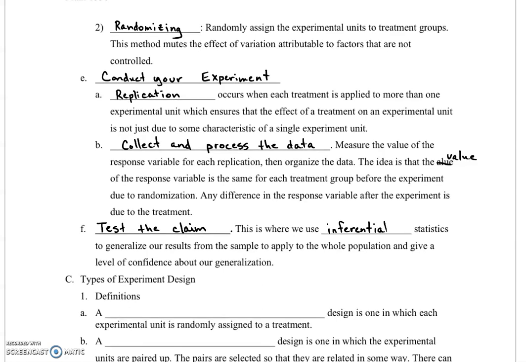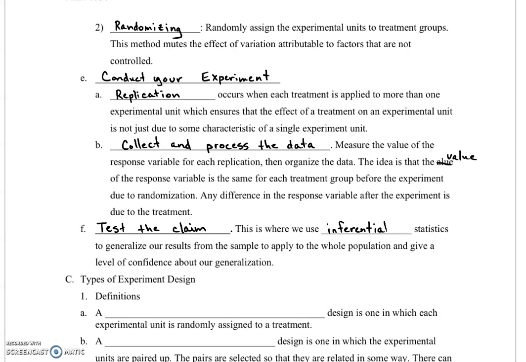Remember, there are those two types of statistics. There's descriptive, which describes the data we have. And then there's inferential statistics, which we use to generalize the results from our sample to the whole population, and we give a level of confidence about that generalization.